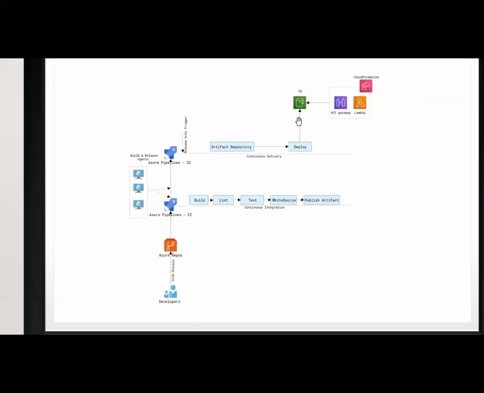When the CD process kicks in, it creates the infrastructure, then copies the artifact to the resources, and then publishes the APIs. So this is the workflow which I'm going to show.